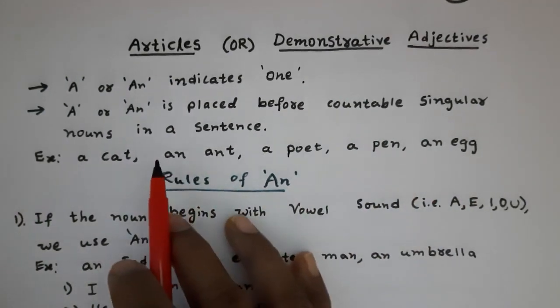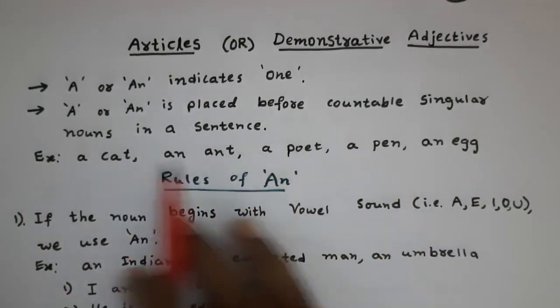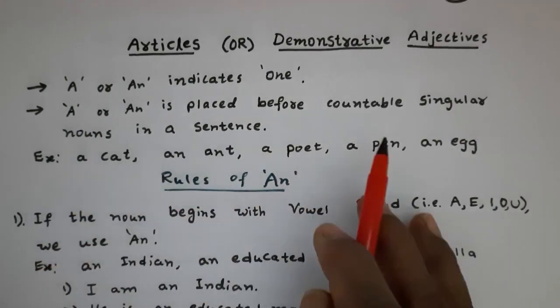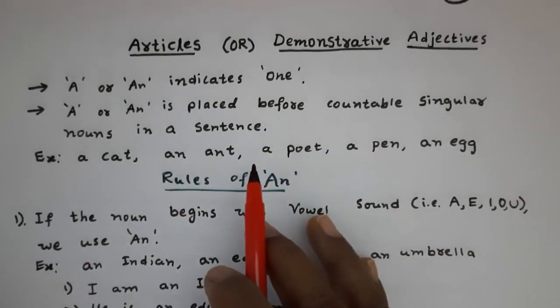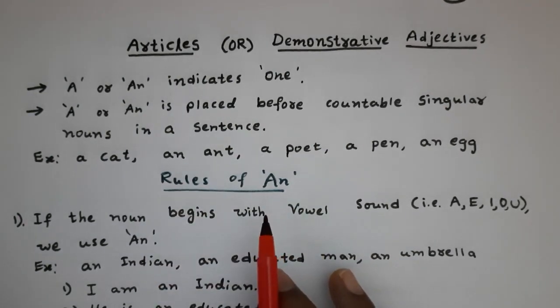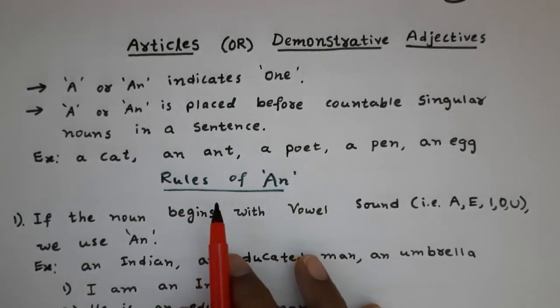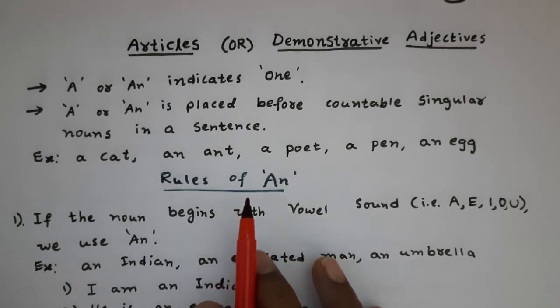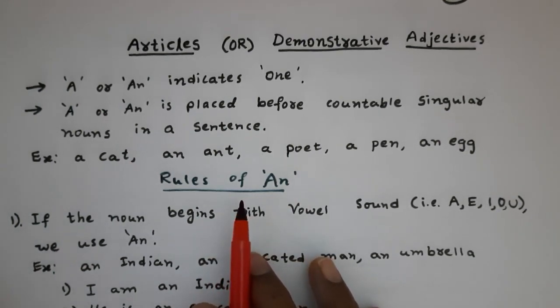Now, actually before some words I have written a, before some words I have written an. Why I have written so, we are going to learn. First, we will learn where we use an, the indefinite article.